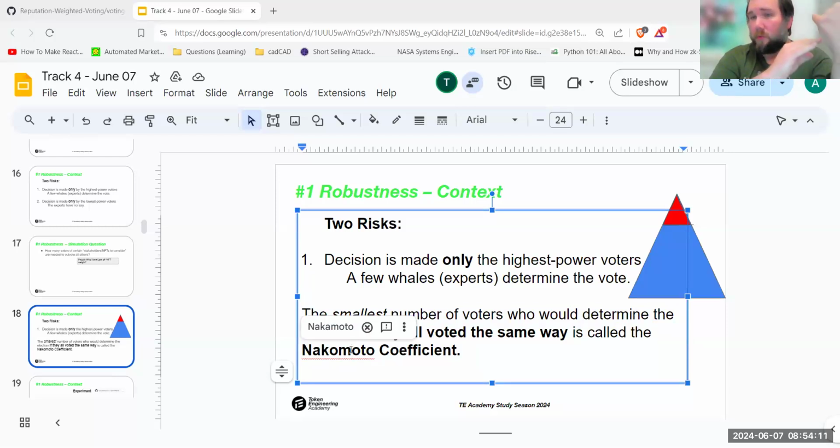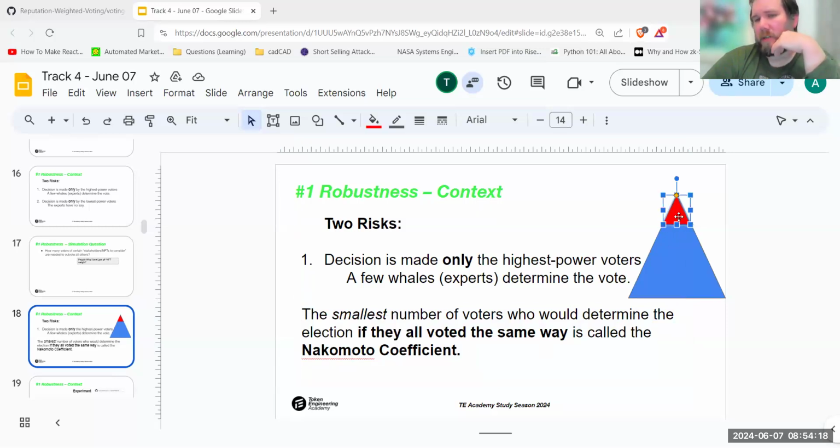It's a very new measure, and it measures basically where this line separating the top from the bottom would have to be in order for the top to completely control things. Now, this line will exist somewhere. There is some number where the top voters will ultimately be able to outvote the rest of the people.